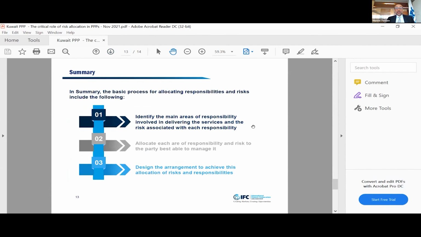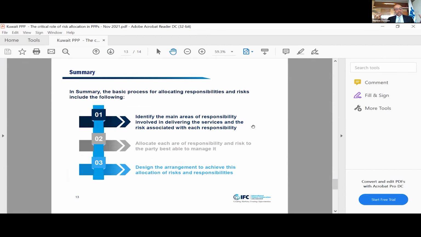Finally, in summary, I would like to say that the basic process for allocating responsibilities and risks is, first of all, identification of the main risks and the main areas of responsibility in delivering these services, allocating these risks to the party who is best suited to do that. And then the last thing is design the arrangement to achieve this allocation of risk and responsibility.